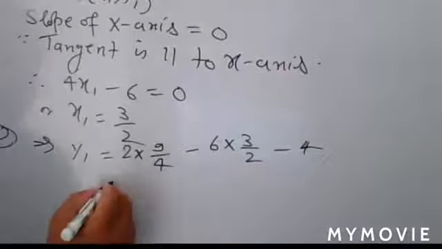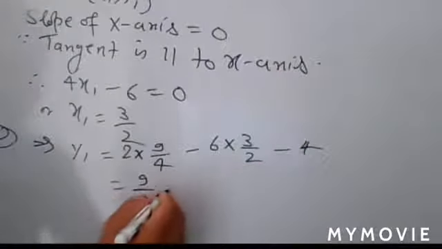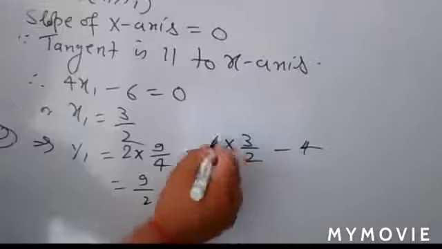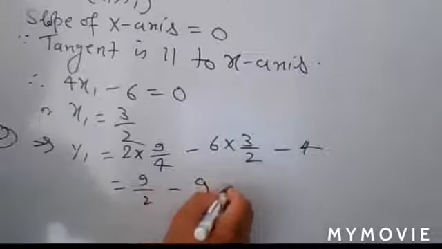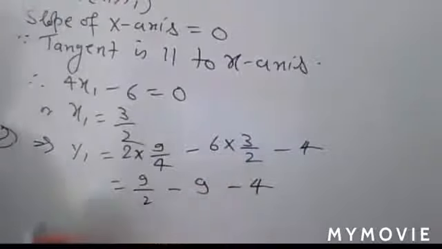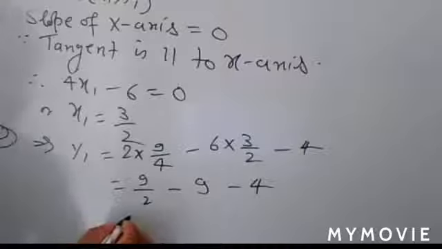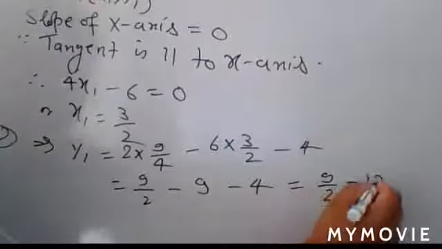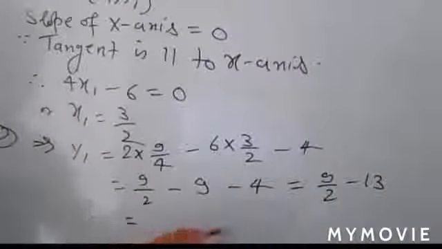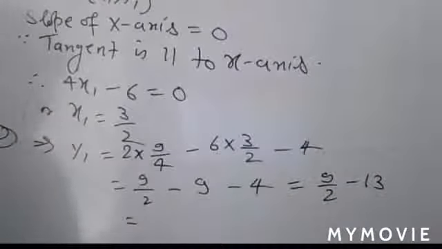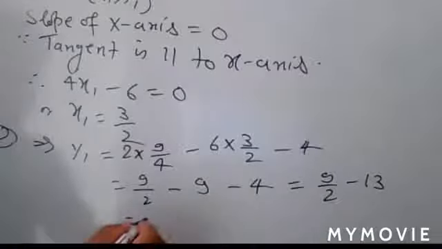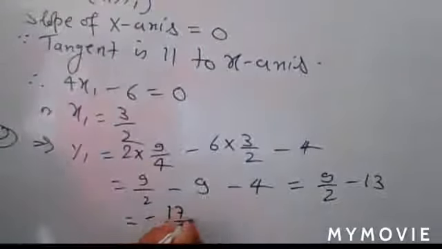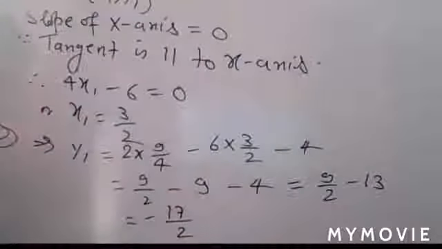Okay, so here you have 9 upon 2 minus 9 minus 4, and simplifying it, that is equal to 9 by 2 minus 13. Understand? And 13 times 2 is 26, minus 9. So you have minus 17 by 2.